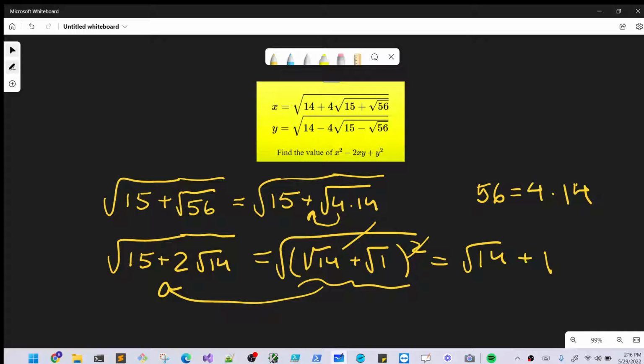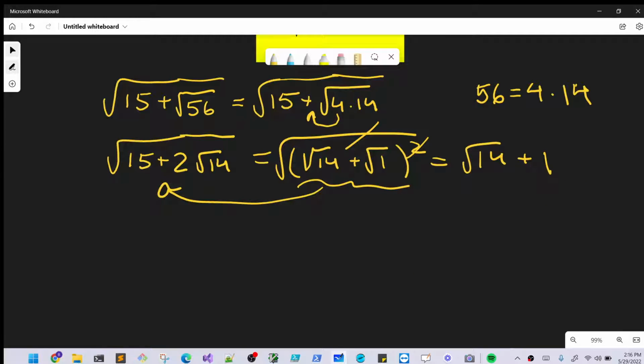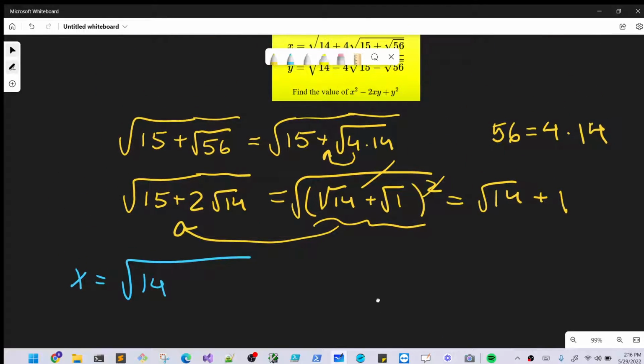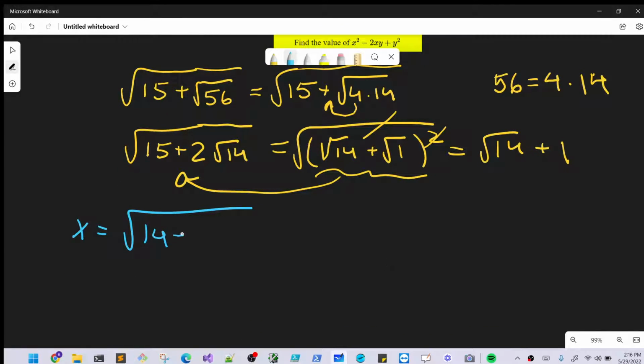Okay, good. So I'm going to continue, working on x. So we're going to write x as 14 plus 4 times the square root of 14 plus 1.